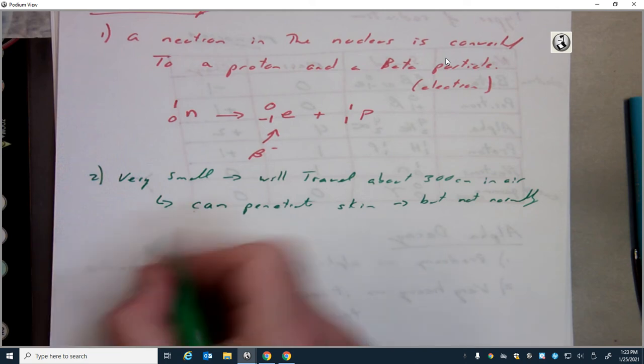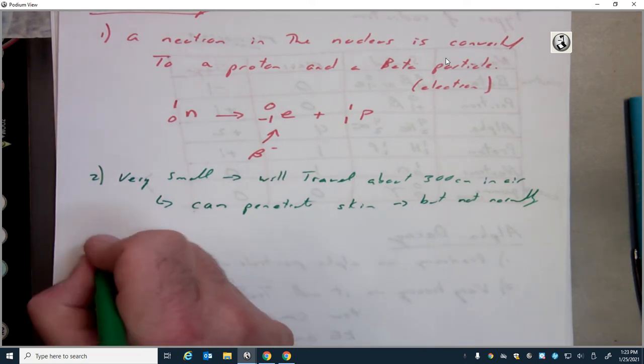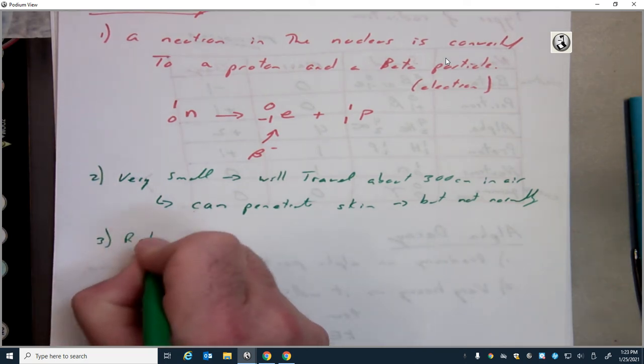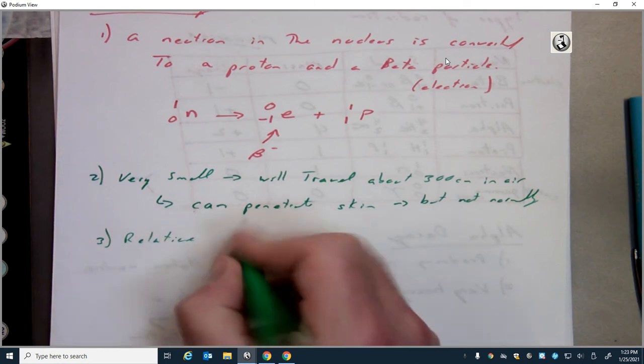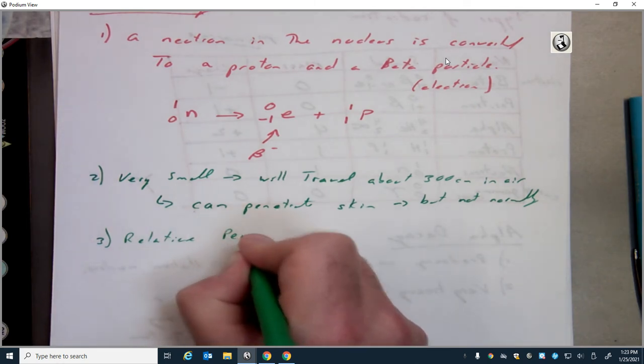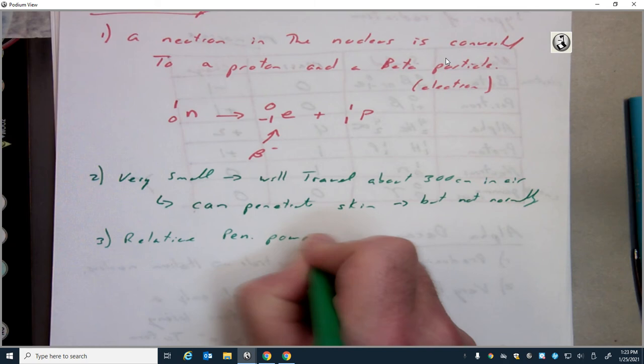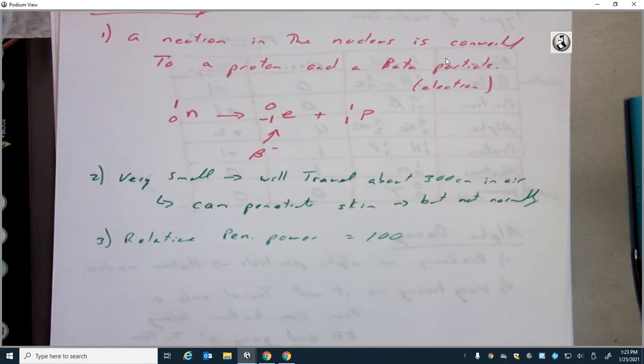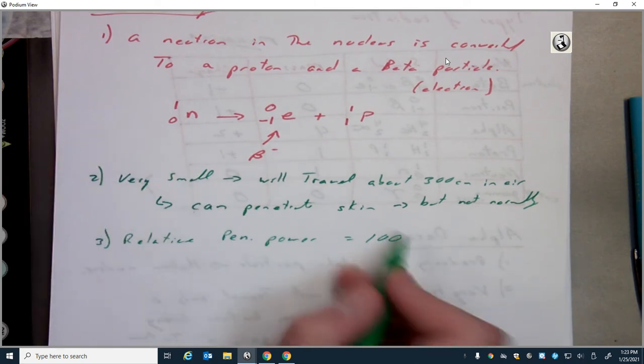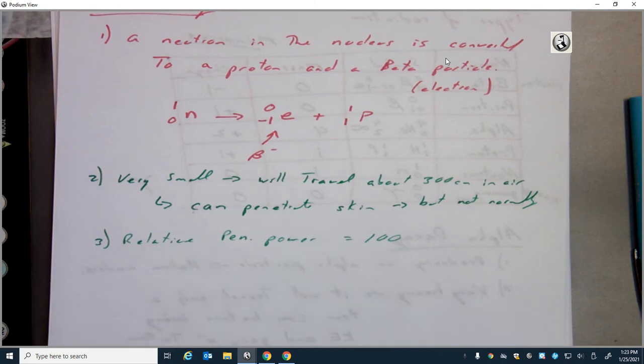So this gives it a penetrating power of about 100. So it's 100 times more penetrating than our alpha particle. Okay, just to give you a relative penetrating power.